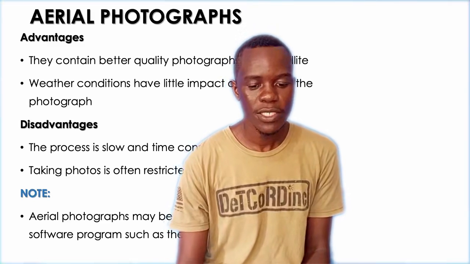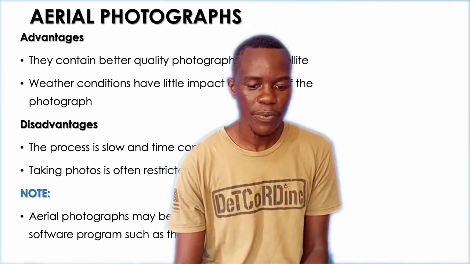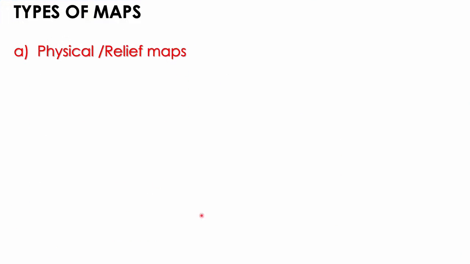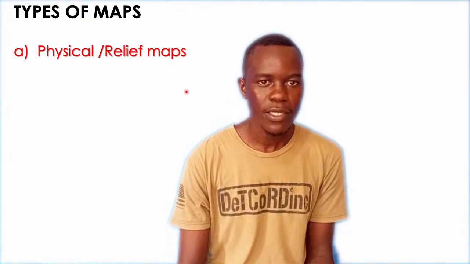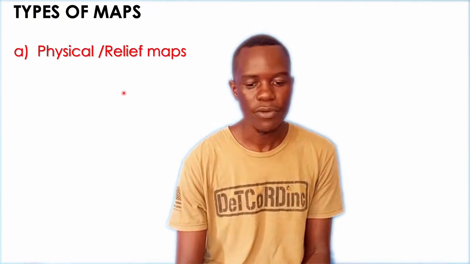So let's proceed with our lesson by looking at the types of maps. There are many different types of maps. The first type of map is the physical or relief map. What are we expecting to find on this physical or relief map?